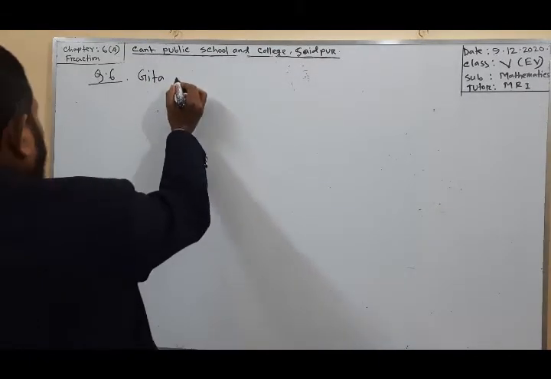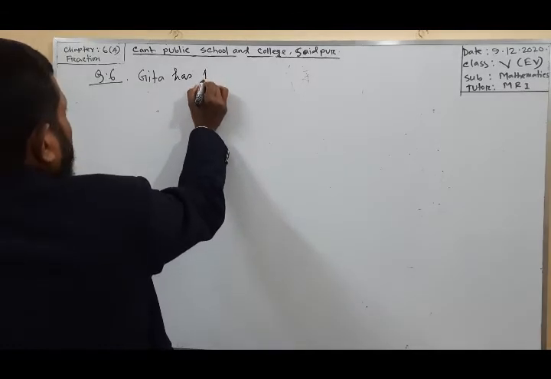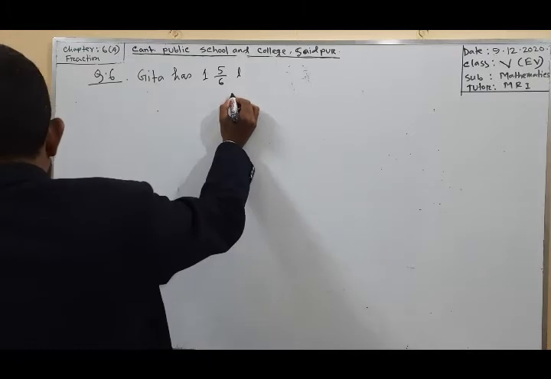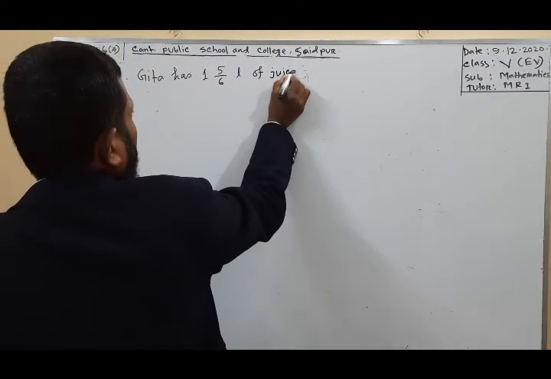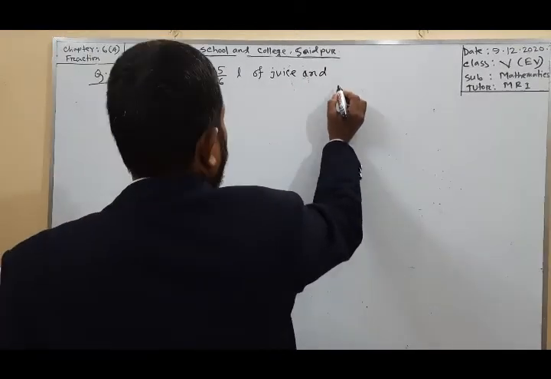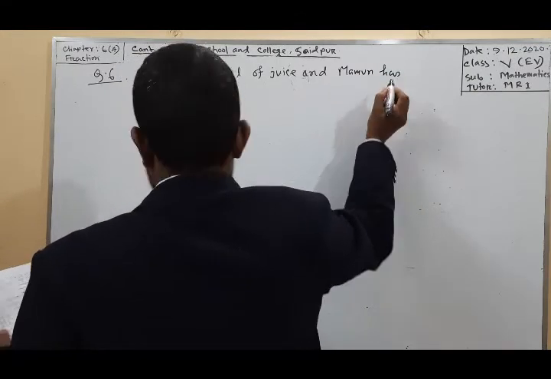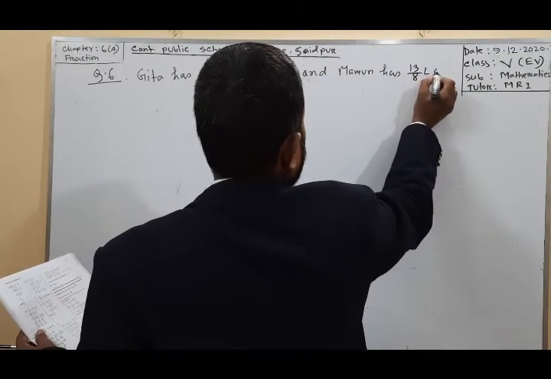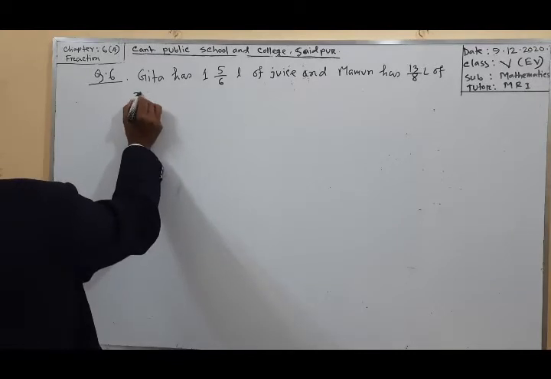Geeta has 1 integer 5 by 6 liter of juice, and Mamun has 13 by 8 liter of juice.